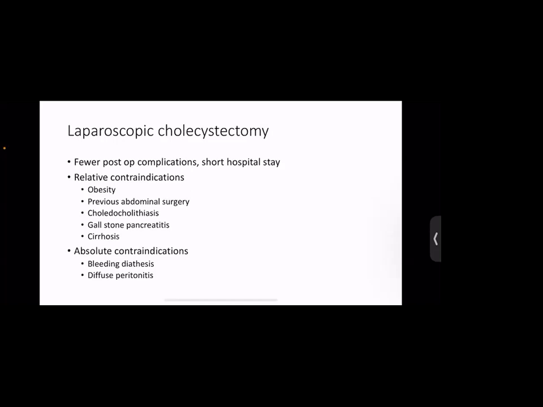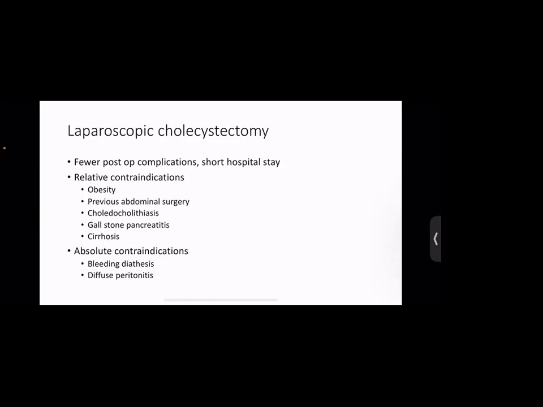Laparoscopic cholecystectomy has fewer post-op complications. The advantages of laparoscopic cholecystectomy include fewer post-op complications. There's short hospital stay.